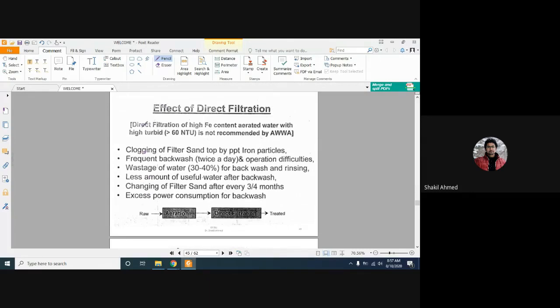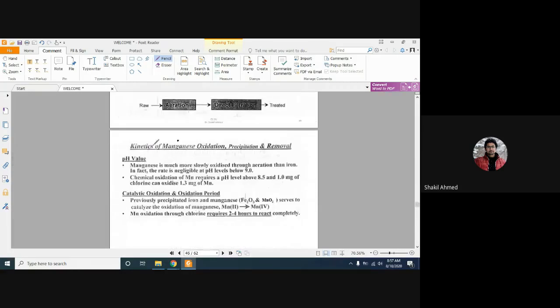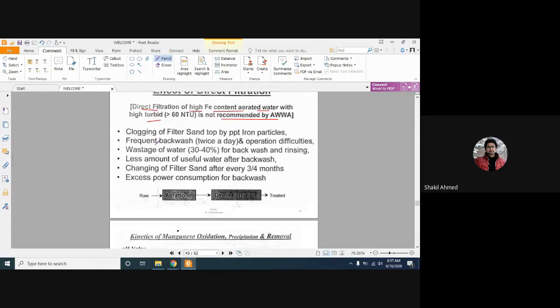You see, direct filtration of high iron content aerated water with high turbidity is not recommended by the American Water Association. The problem is that it will clog.